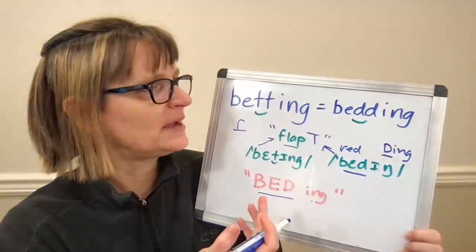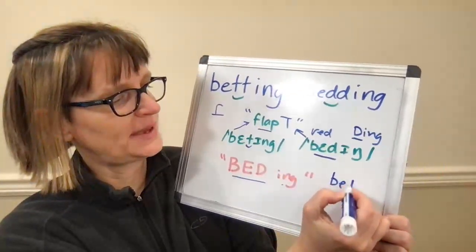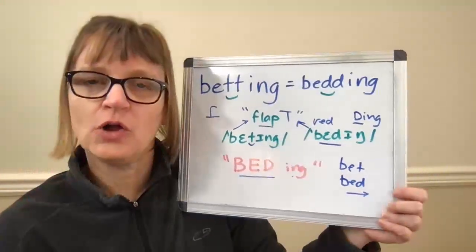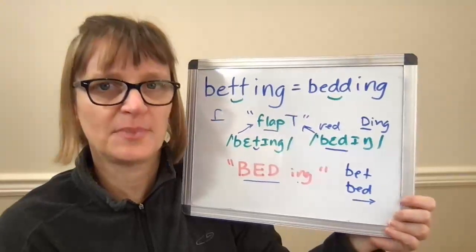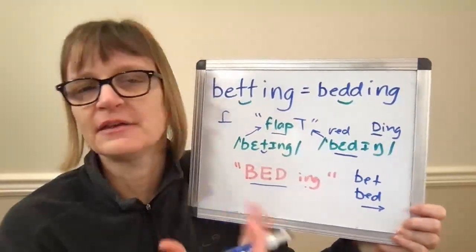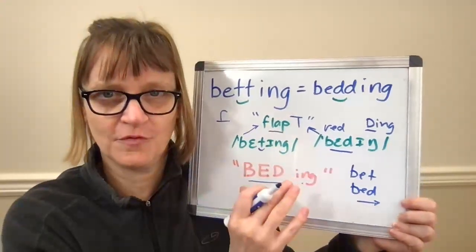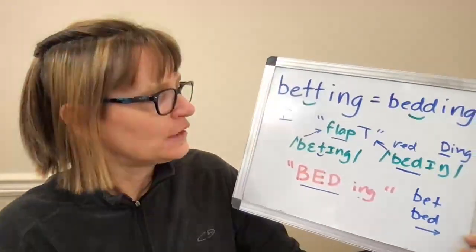The only time there might be a slight difference is generally if I'm saying just the words bet and bed. The vowel will be a little longer in bed because the D is voiced versus bet. In bedding, I think that doesn't really make much of a difference because the first syllable is long and the second syllable is short. So thank you for this request.